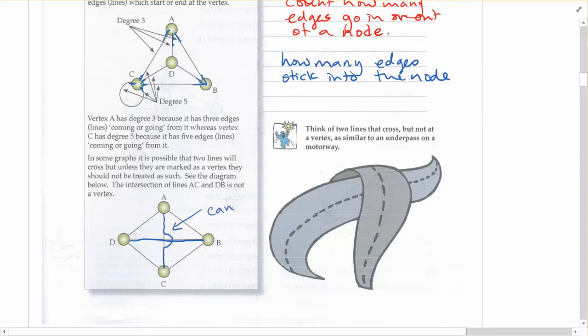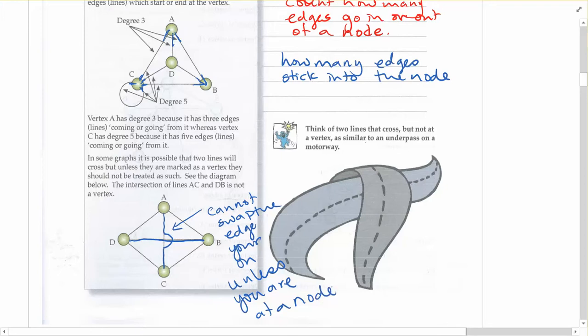So we cannot swap the edge we're traveling on unless you are at a node. So keep that in mind. If there's no vertex there, if there's no node there, you have to stick to the edge that you're on, the path that you're on, until you get to your node, and then you can change directions.